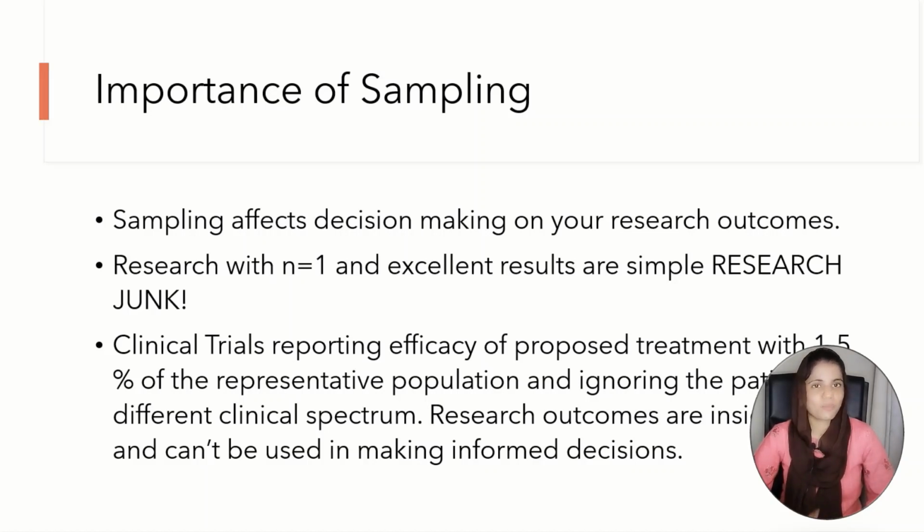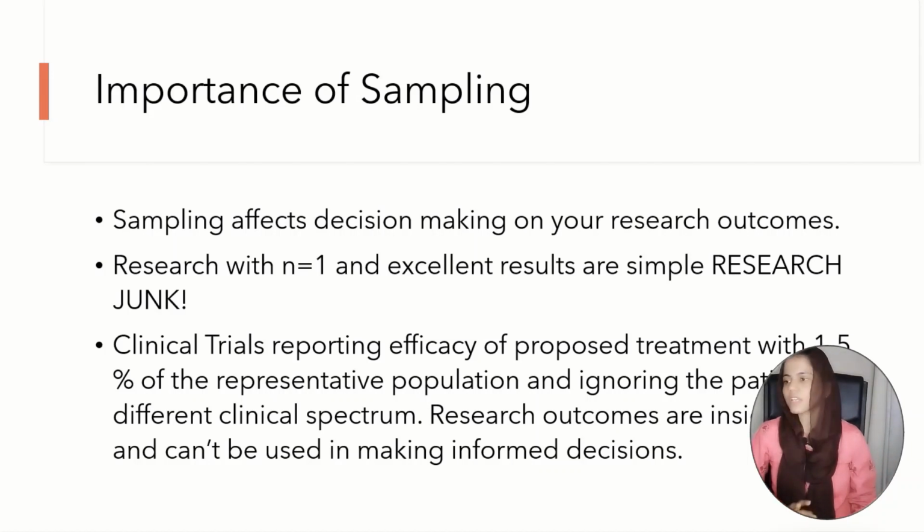Now coming to the importance of sampling, and this is another common mistake that I normally find in some research studies. Sampling affects decision making on your research outcome. And let me tell you guys, research with n equals 1, that is the number of samples is equal to 1, and excellent results is simply research junk. It's meaningless.